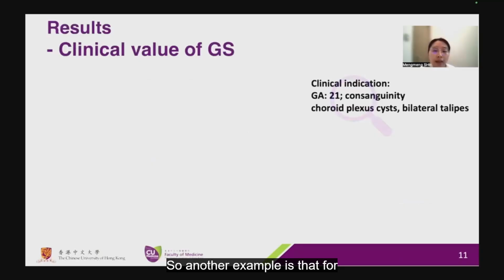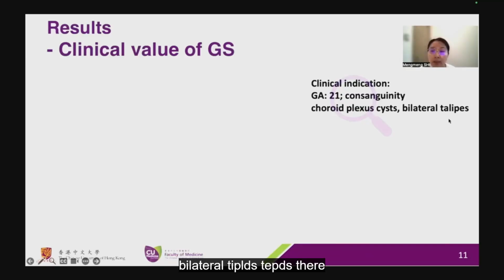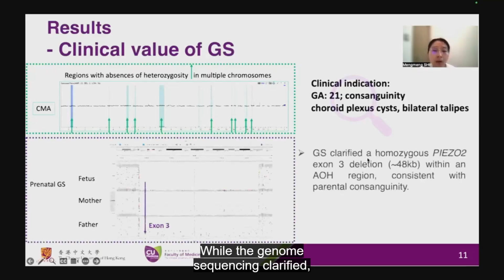So another example is a consanguineous marriage with CPC and bilateral talipes. There were multiple chromosomes with absence of heterozygosity regions indicated by the CMA, while the genome sequencing clarified a homozygous PIEZO2 exon deletion within the AOH region, consistent with the parental consanguinity.